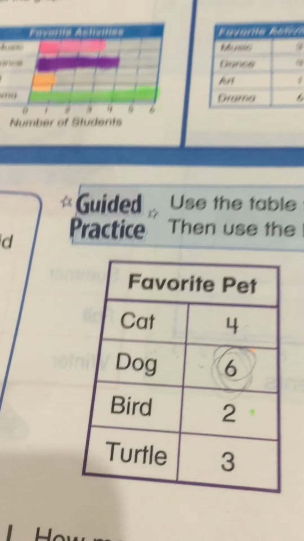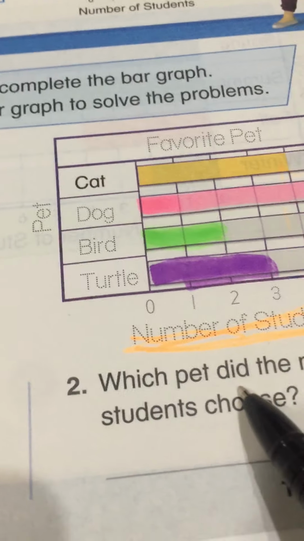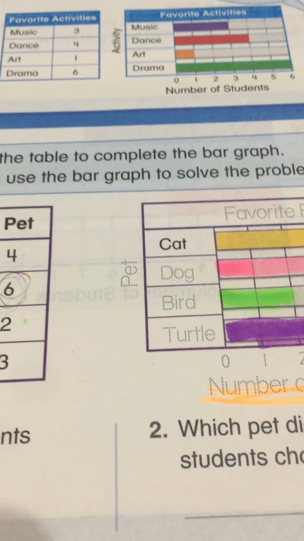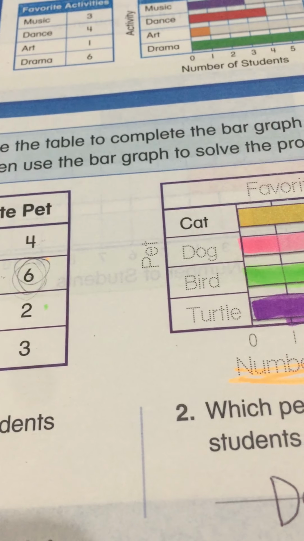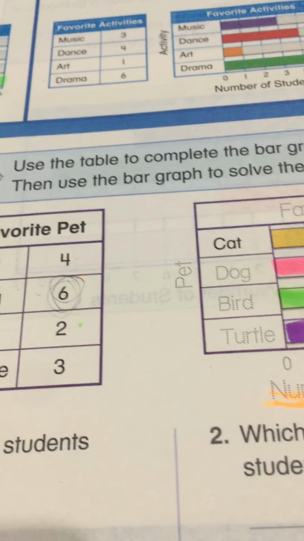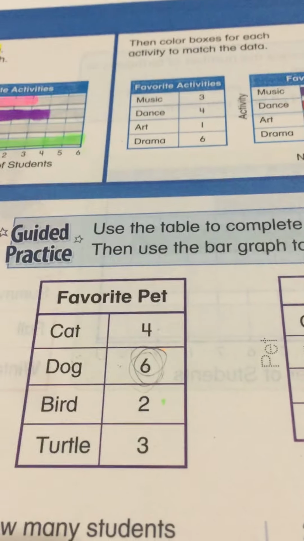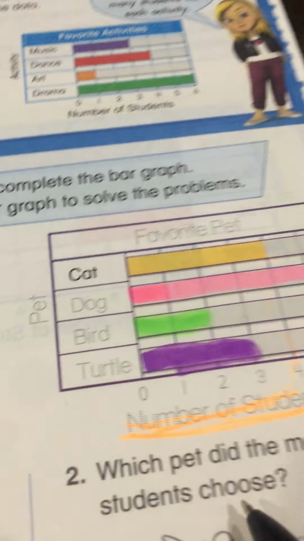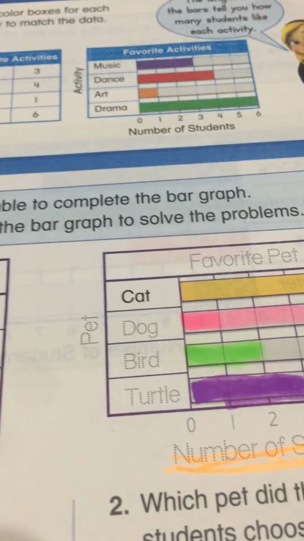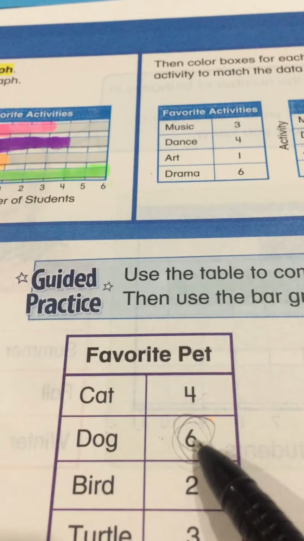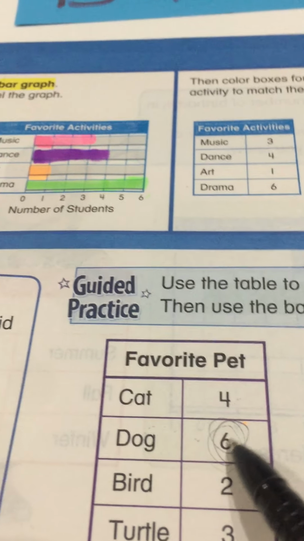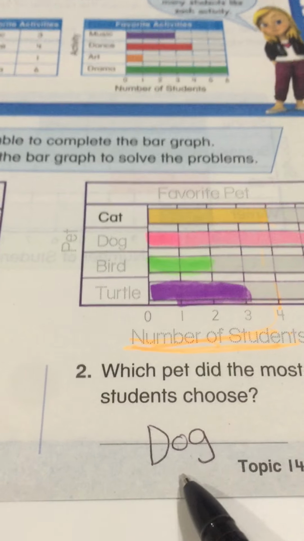So most students like dogs, and we will write dogs here. They did not ask us about the number of students, but which pet the most students chose. The highest number of students chose dog. So the pet is dog.